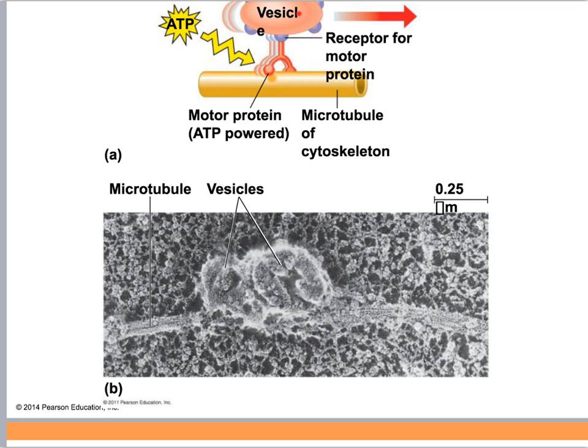This vesicle is attached by way of one of these motor MAPs to a microtubule. This motor MAP is moving the vesicle along the microtubule in the cell towards the plus end. If it's moving it towards the plus end, it's going to be kinesin, this motor MAP here. And if it's moving it towards the minus end, then it would be dynein. You can see ATP is involved in this process. Anytime you have movement in the cell, it's going to require some energy.